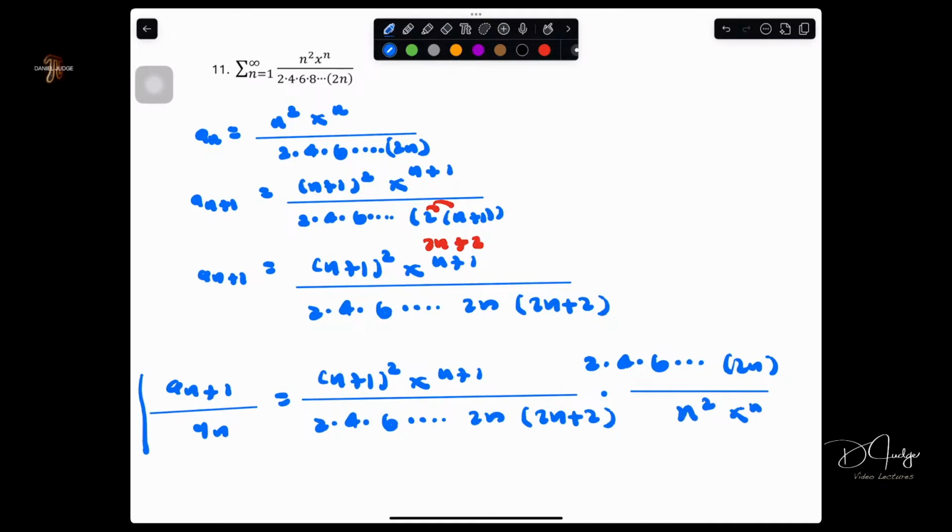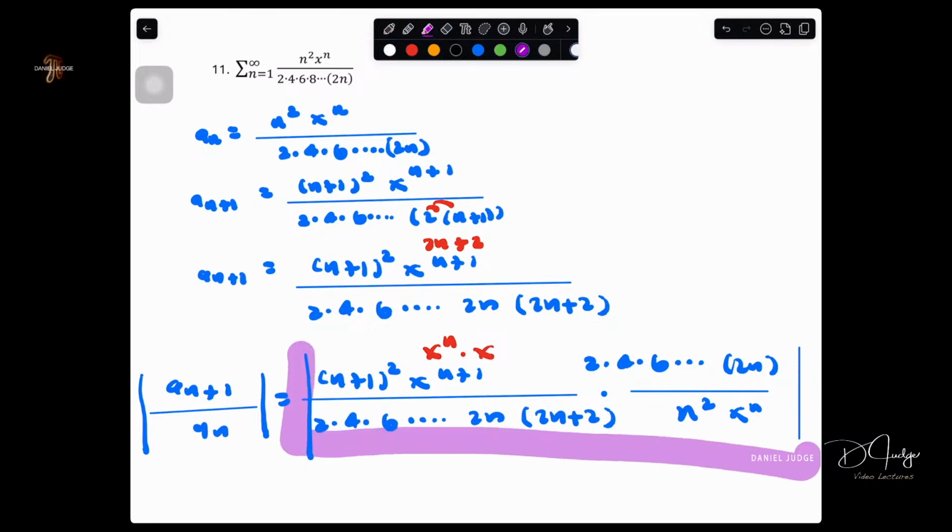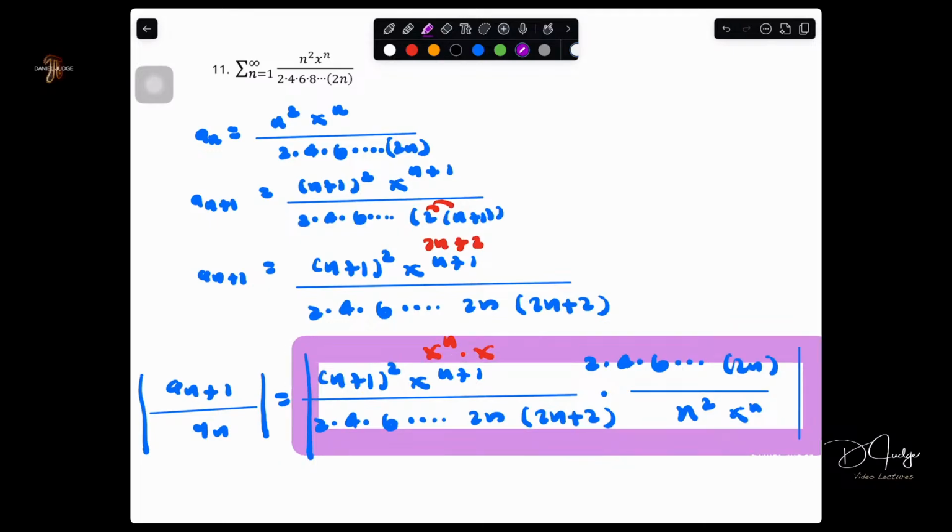So let's just look at this in terms of the absolute value now. Okay, do some algebra. And it looks like I could just do this here, x to the n times x by properties of exponents. We're going to use some algebra here. All right.